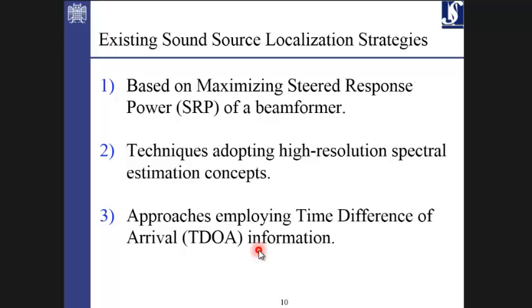One method is called the SRP method, which is steered response power. Generally speaking, it uses the power: it tries to locate where inside this environment the array can observe a peak in the power.